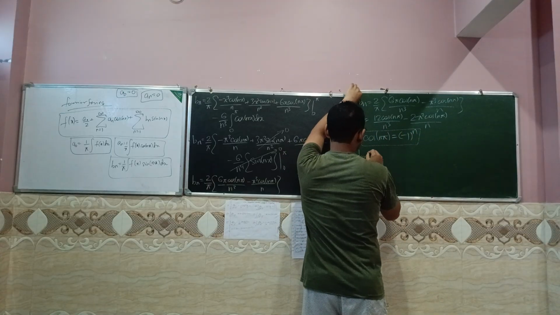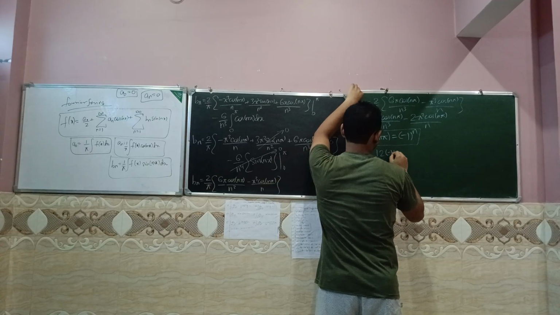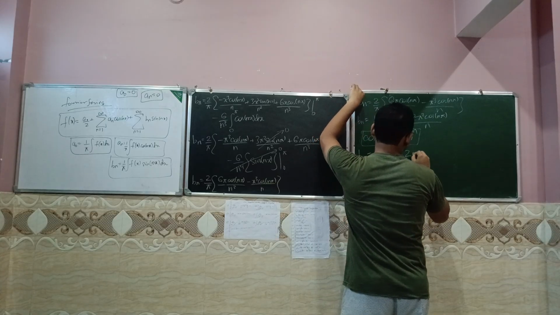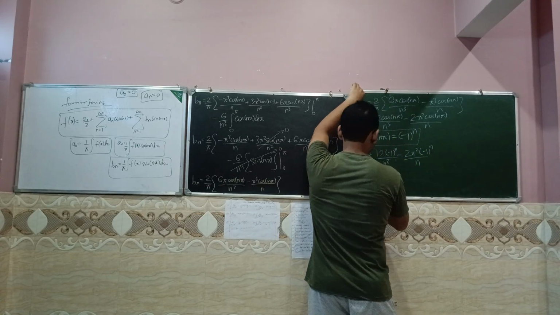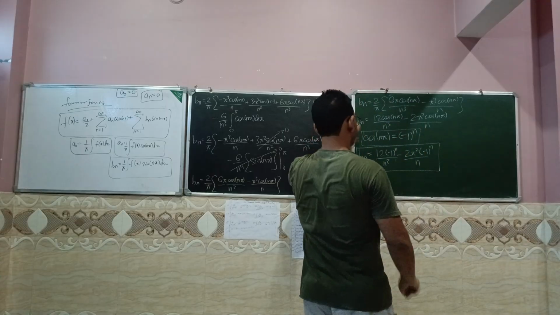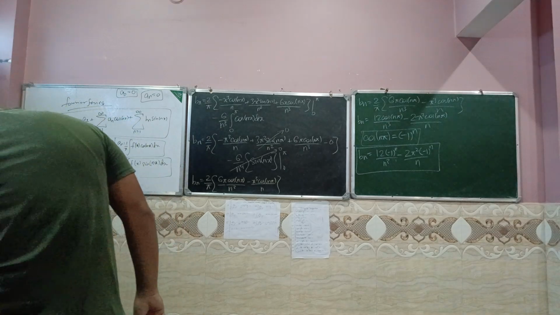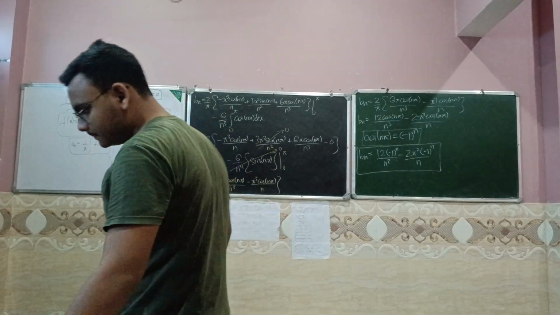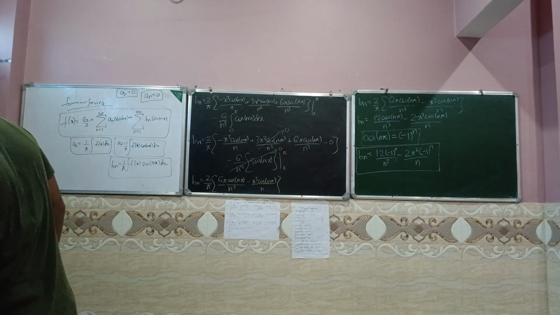We would have bn as 12 times negative 1 to the n over n cubed, minus 2 pi squared times negative 1 to the n over n, closed in a bracket. Fine guys, it's good.